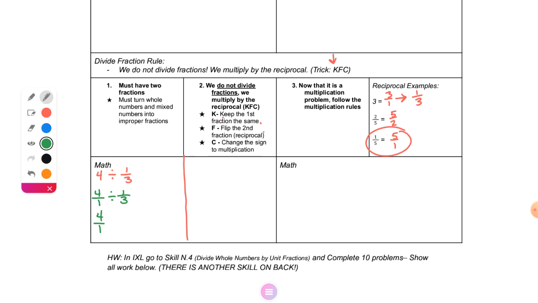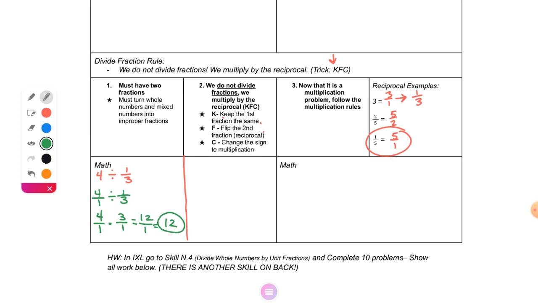If I flip 1/3, what's it going to be? 3/1. What does the C stand for? Emma? Change the sign to multiplication. Now we just multiply normal. What's 4 times 3? 12. 1 times 1? Does 12/12 reduce? To what? Just 12. Anything over 1 is just that number.